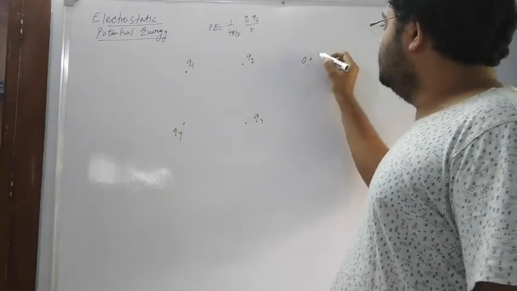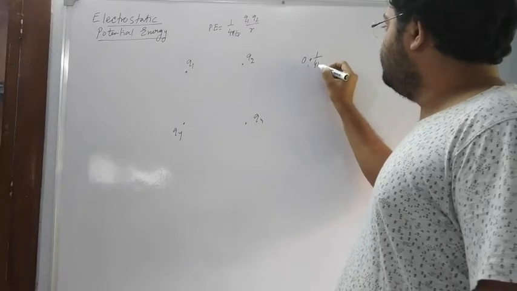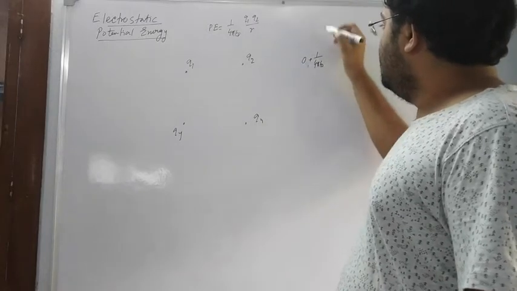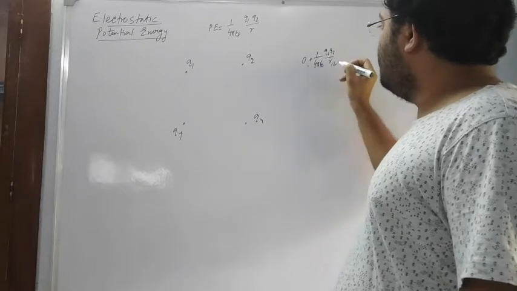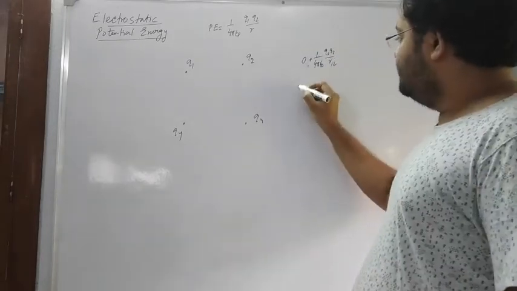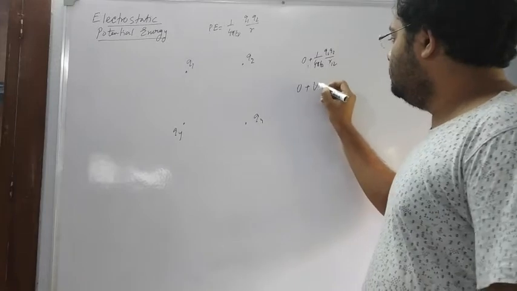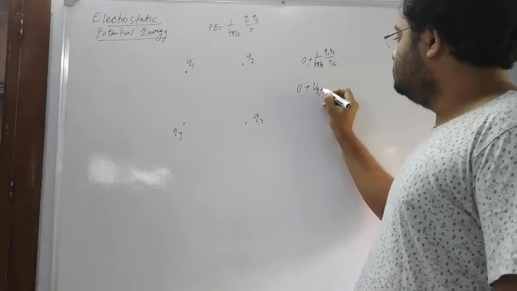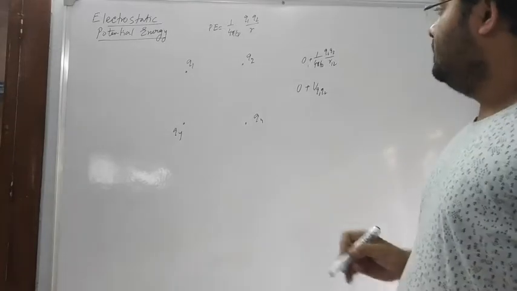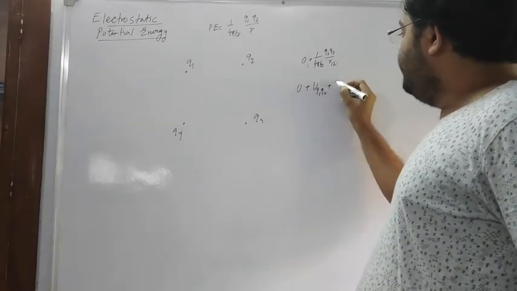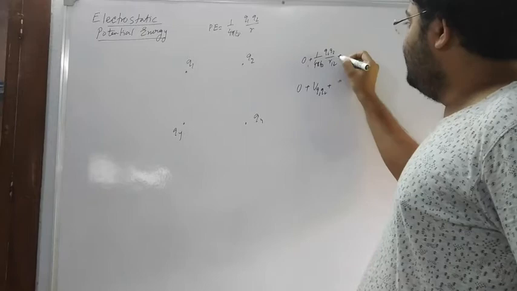So you need to do 1 by 4 pi epsilon naught Q1 Q2 by some R12. From now on we will write it as U Q1 Q2, potential energy due to Q1. But when you bring Q3, what will happen?